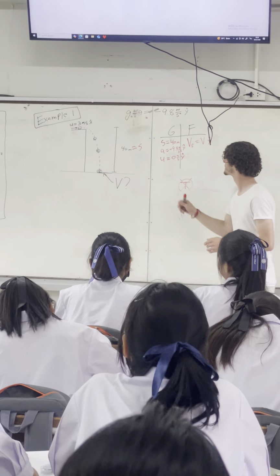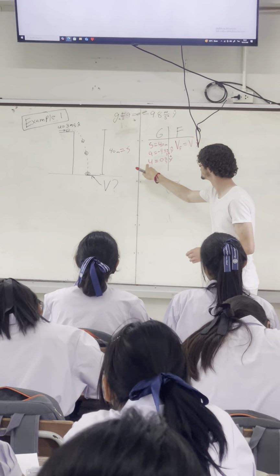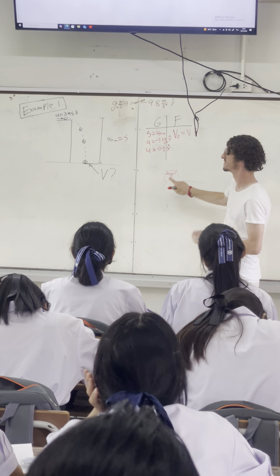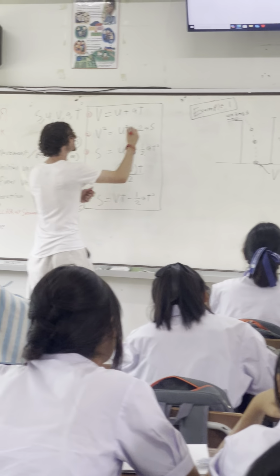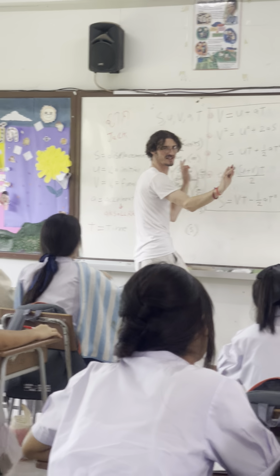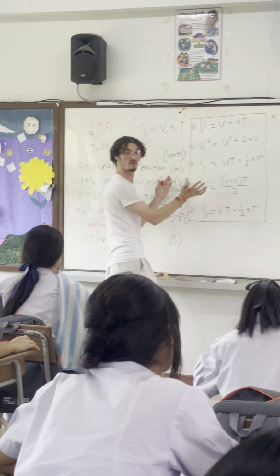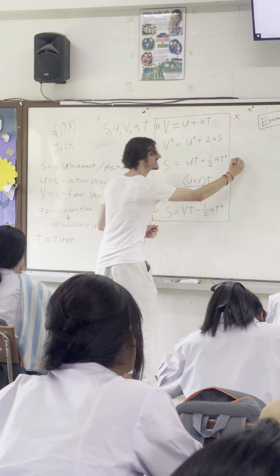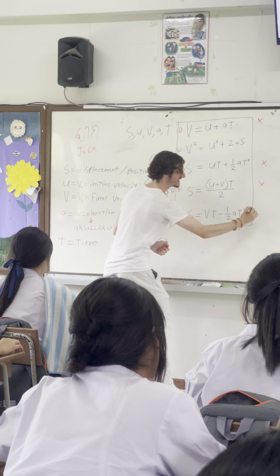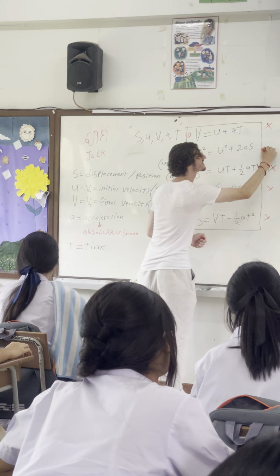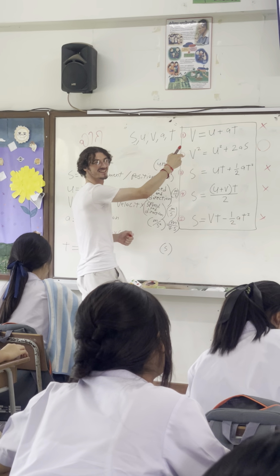Okay. So s, a, u. Find v, no t. No t, so this one has t, not used. This one has a t, not used. This one's a t, not used. This one's a t, not used. So this is the one we have to use. This one right here.